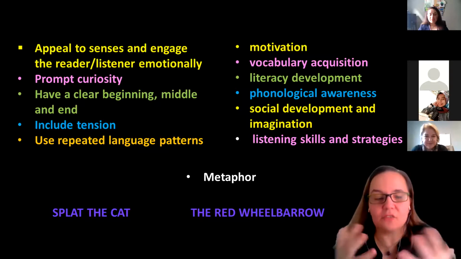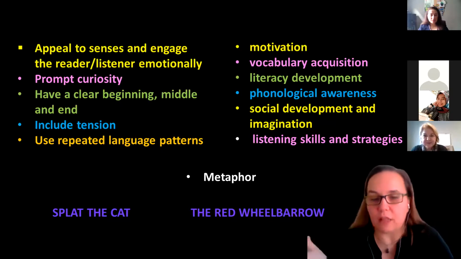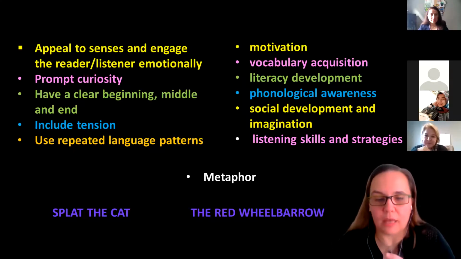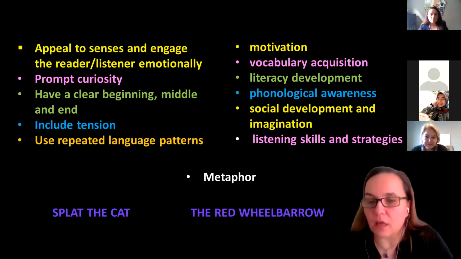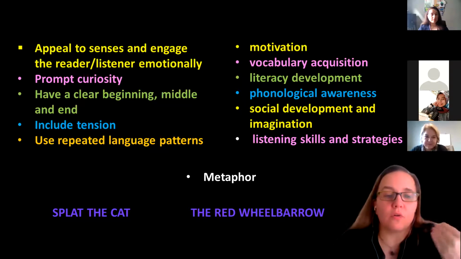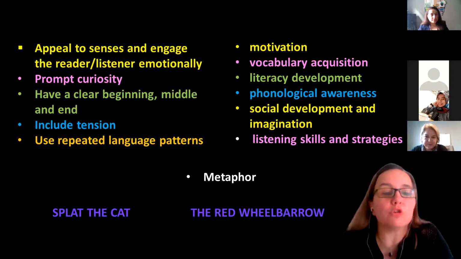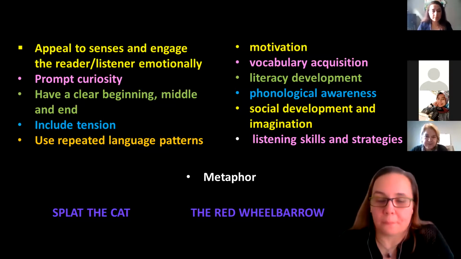So do you think these stories or the poem or the Velcro story, if you like, you don't have to add the poem, but especially Splat the Cat and the Velcro story, do you think had all these? What do you think? Were they good stories in terms of senses, emotions, curiosity, structure?